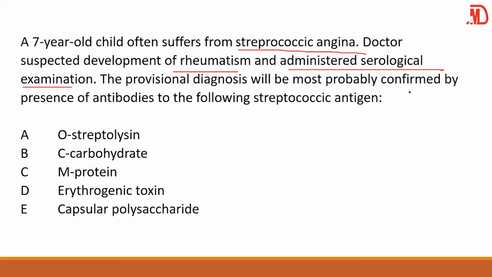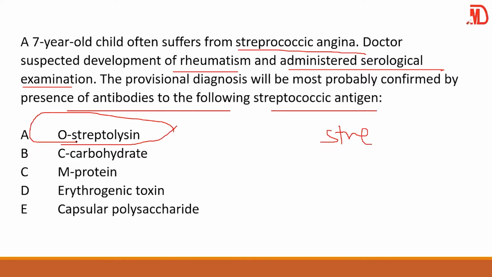Now, the provisional diagnosis was confirmed by the presence of antibodies to which antigen? How are you going to confirm the presence of strep infection? The answer is streptolysin O. Anti-streptolysin O is the antibody made against streptolysin O in an immunologic reaction.